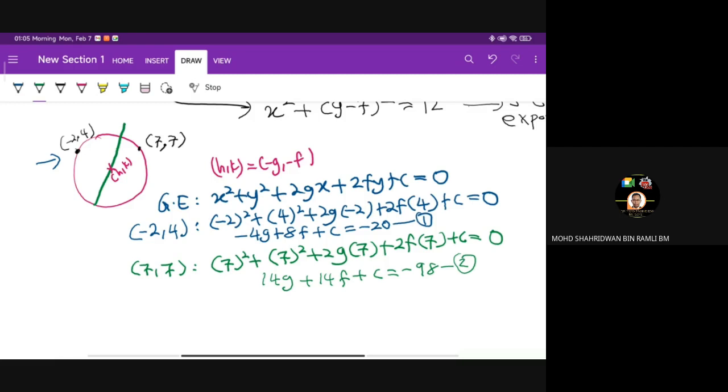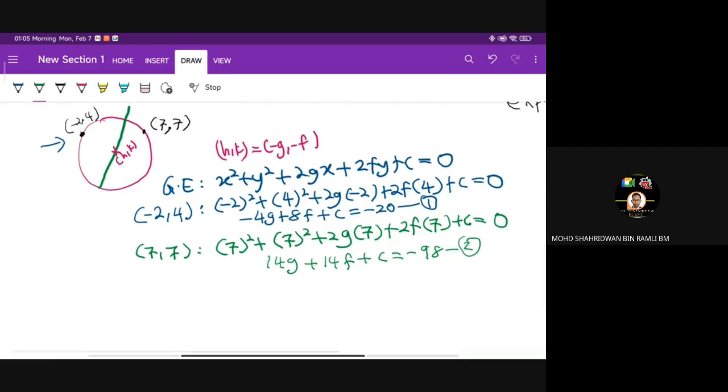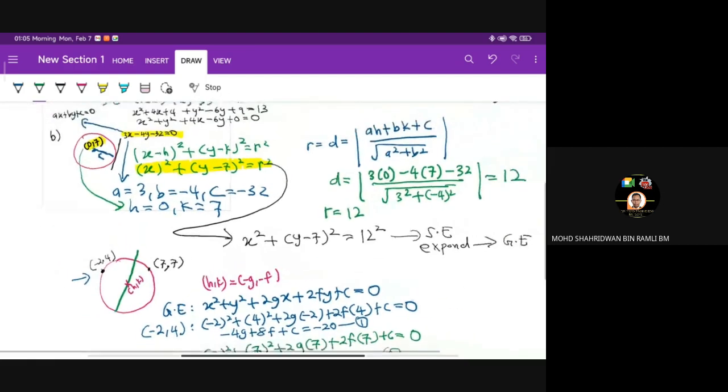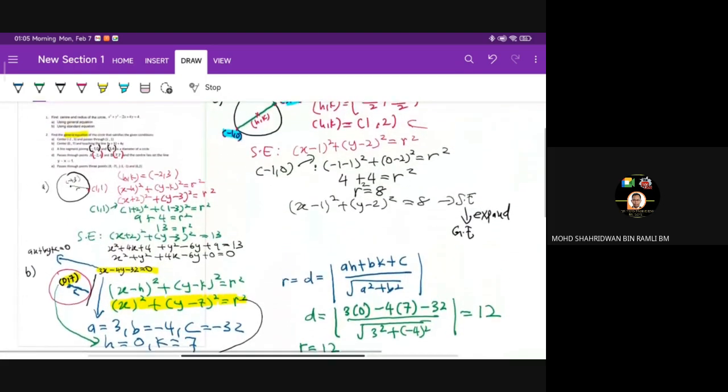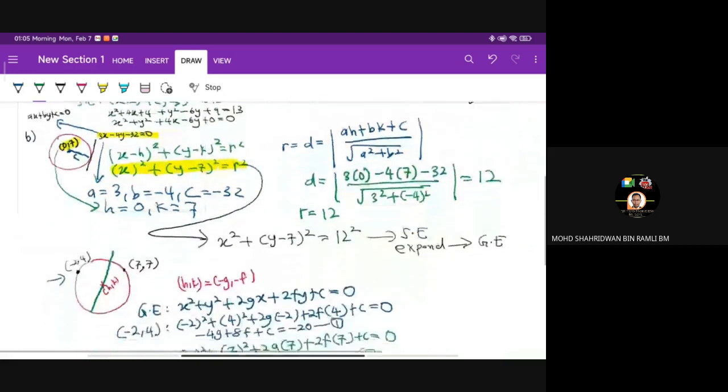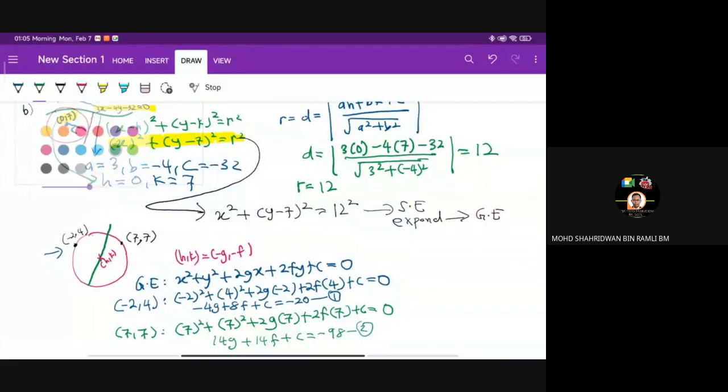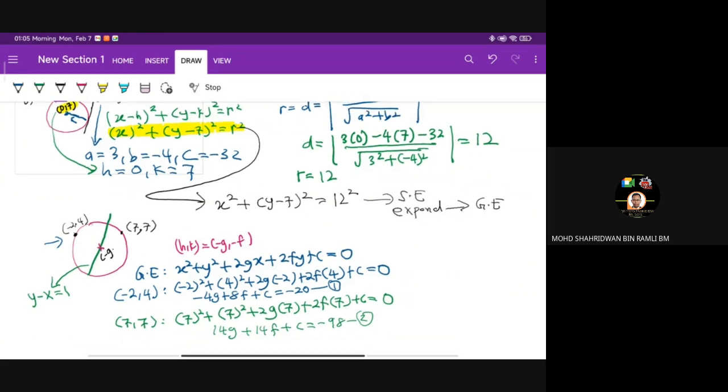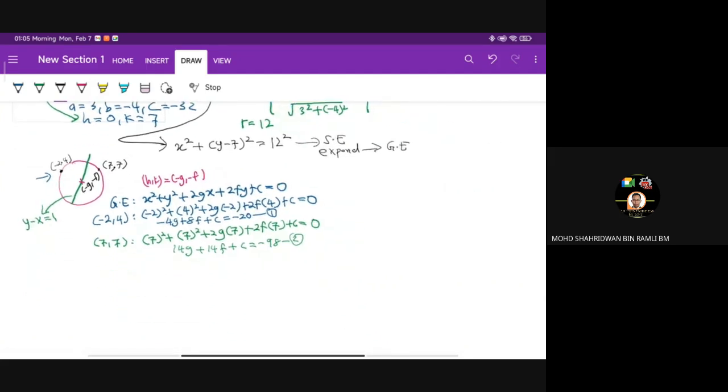So how about the third equation? Very simple, because the center lies on the line y minus x equals 1. In terms of g and f, the center is equal to (negative g, negative f).